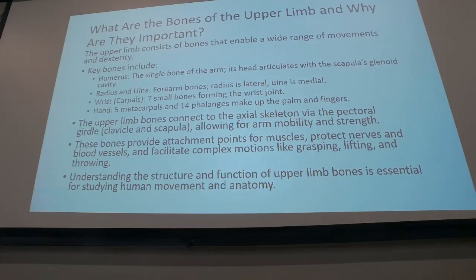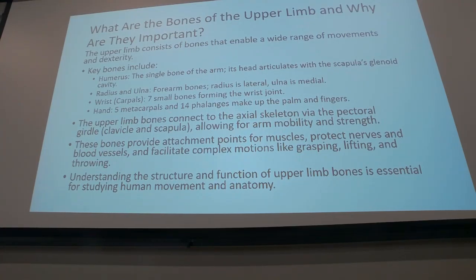Now in our hands, specifically in our palm, we have 5 metacarpals, and then in our fingers, we have 14 phalanges. The upper limb bones connect into this axial skeleton by the clavicle and the scapula.